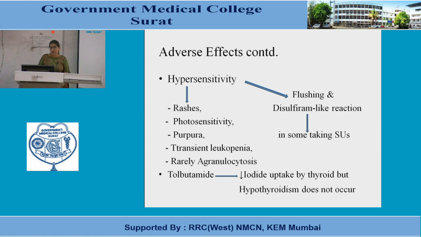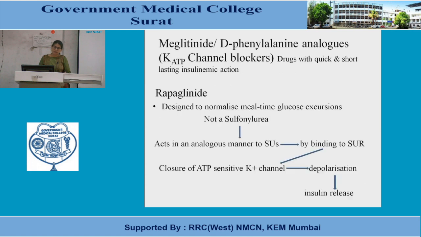This is only in some of the patients taking sulfonylurea. So disulfiram-like reaction is not very common. In case of tolbutamide, there is one specific side effect, that it decreases the iodide uptake by the thyroid, but that does not lead to hypothyroidism. So this finishes the sulfonylurea group.